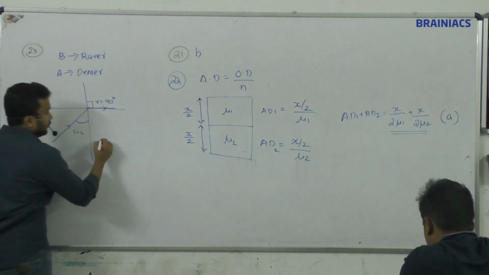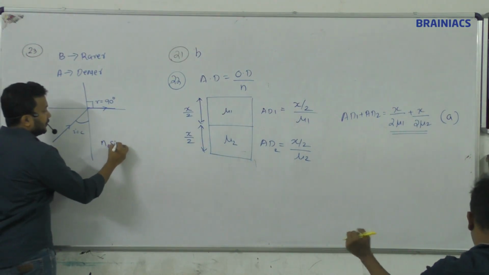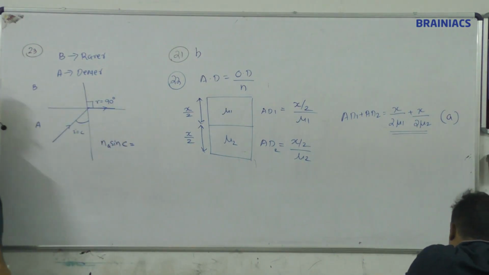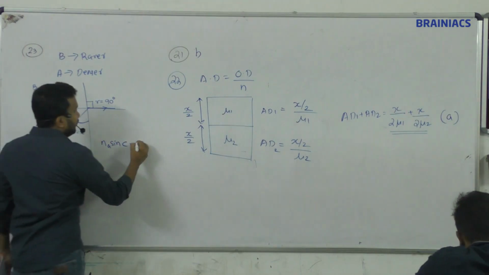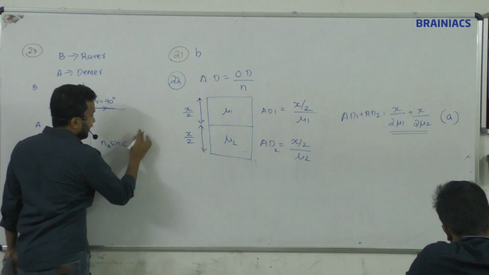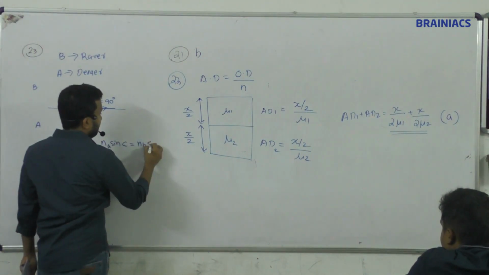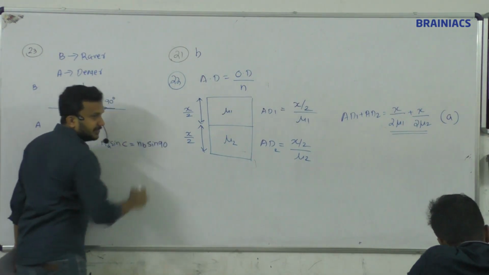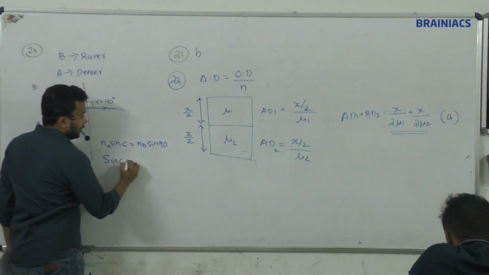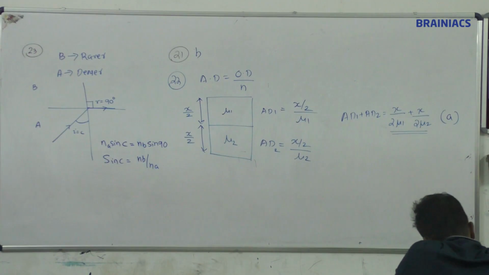So nA into sine of the critical angle is equal to nB into sine 90. Sine 90 is the refraction angle. So sin C is equal to nB divided by nA. This is correct, nB by nA.